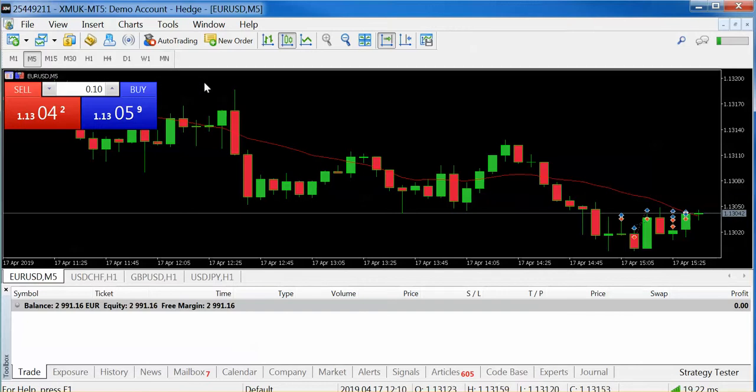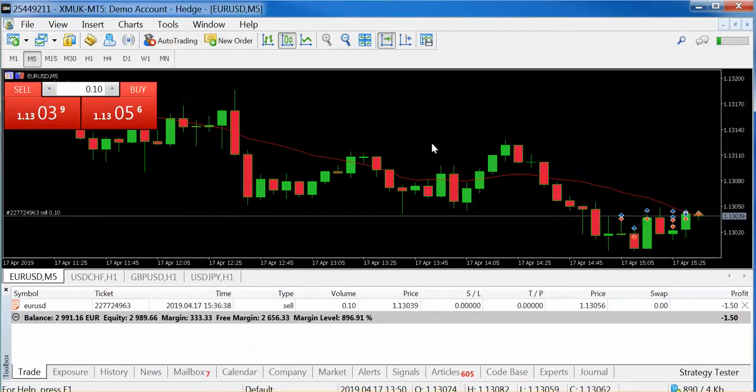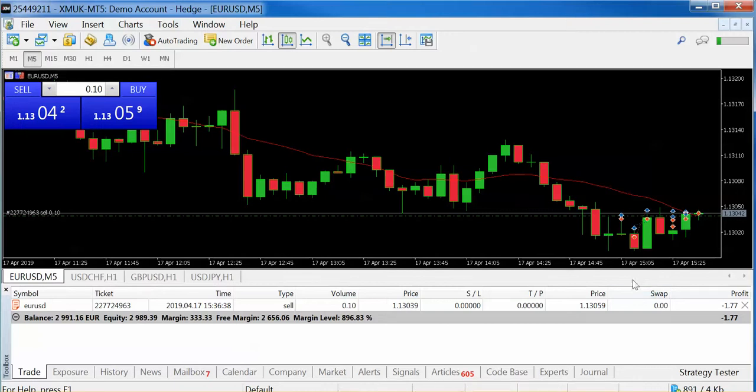Another thing we do, guys, when we're taking the trade is making sure that we do not risk too much. Let's just say we're going to sell this thing. We've hit the sell button, and now we want to manage the trade. We will go through managing the trade, but we just want to manage our initial risk at the first stage.